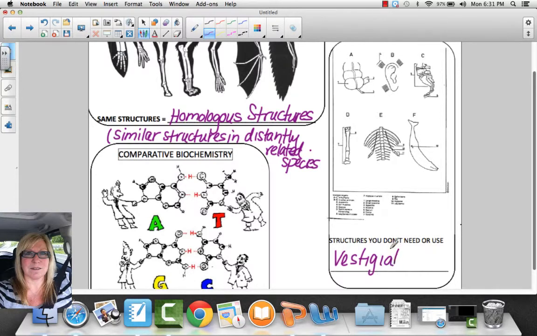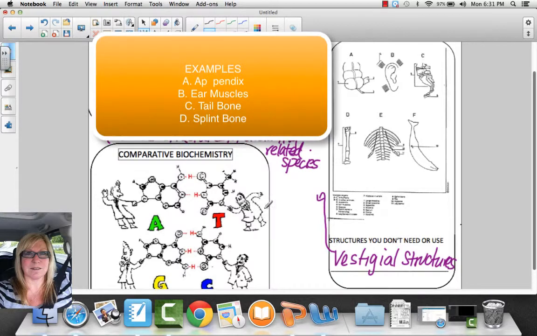Vestigial structures. And why do we have them? So I'm going to put this right here. Because their common ancestor must have needed them at some point.